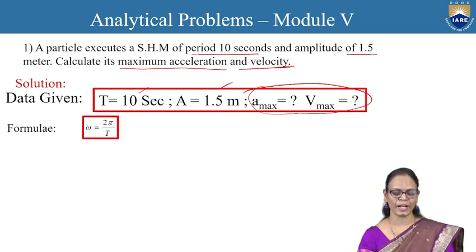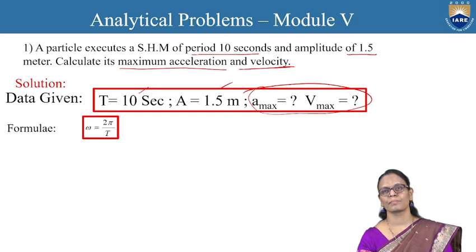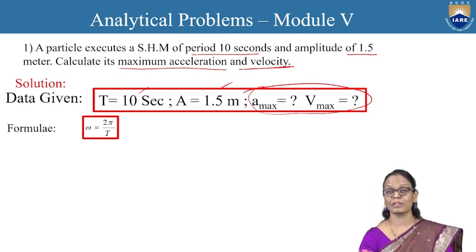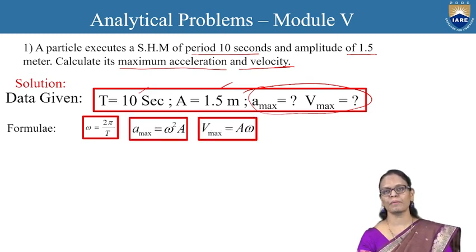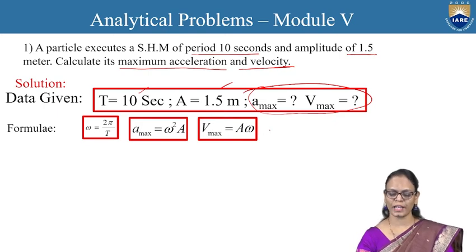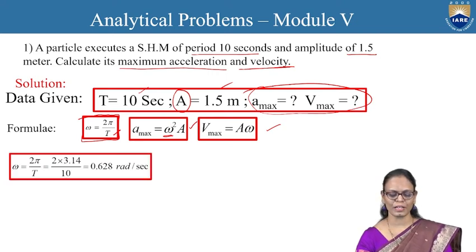First we will have to find omega, because we know the formula for Vmax and Amax. So Vmax is A omega, Amax is omega square A. Amplitude is given. We don't have omega. So using this formula, we'll first find omega because the time period is given, and then substitute and get Amax and Vmax.